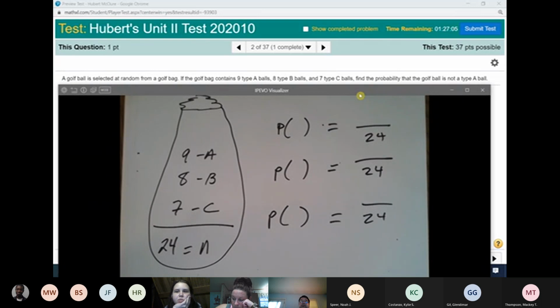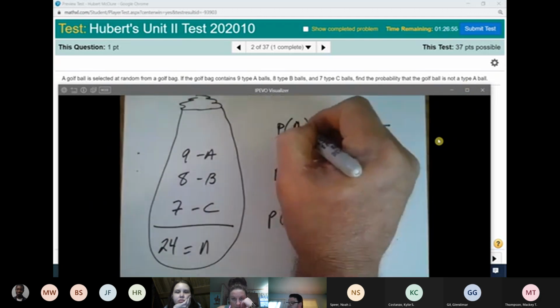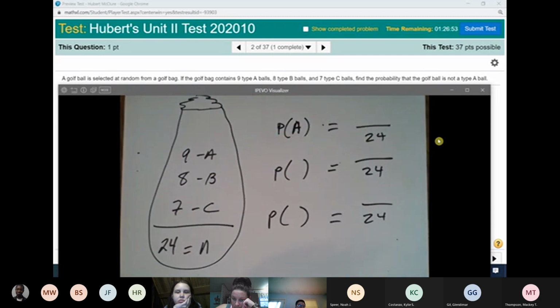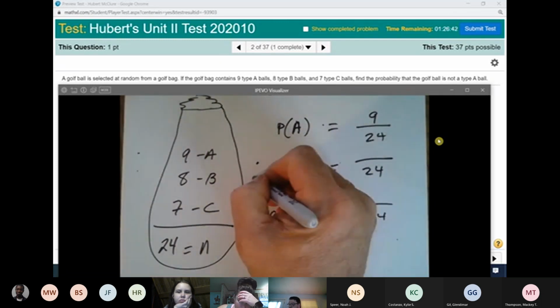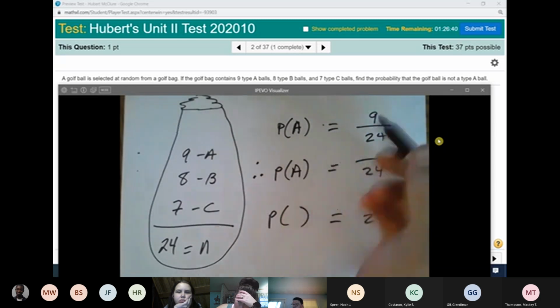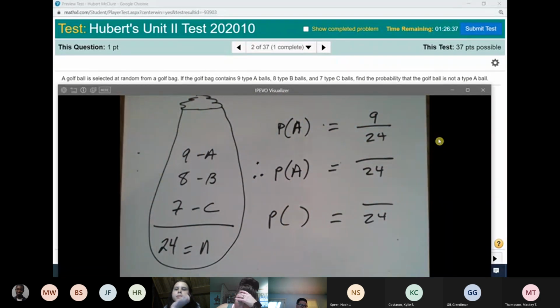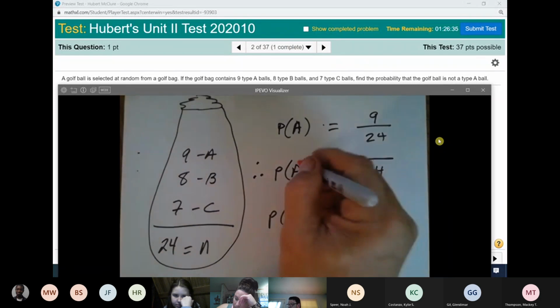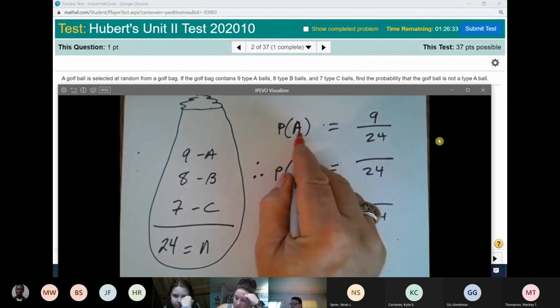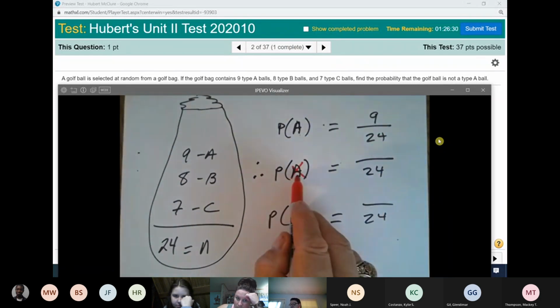It says, find the probability that the golf ball is not type A. Well, somebody tell me what the probability of type A is. 9 out of 24. So I'm going to put down here, therefore, A, and what am I going to put through that A? A big red X. This is the probability of A. This is the probability of not A.